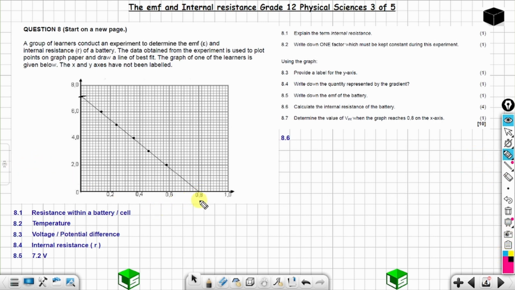The coordinate of this point, you have 0.8 and 0.